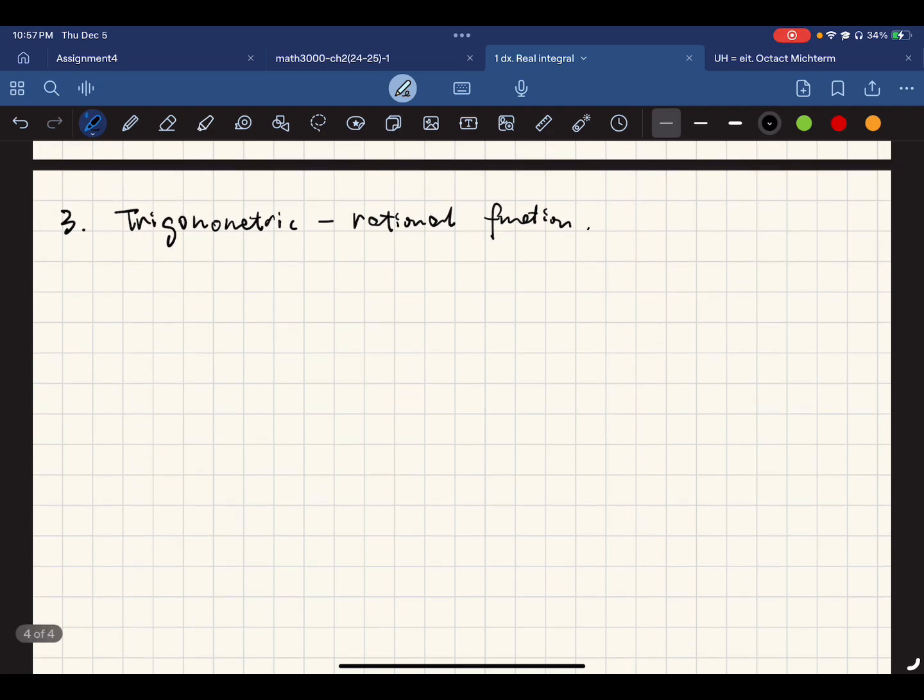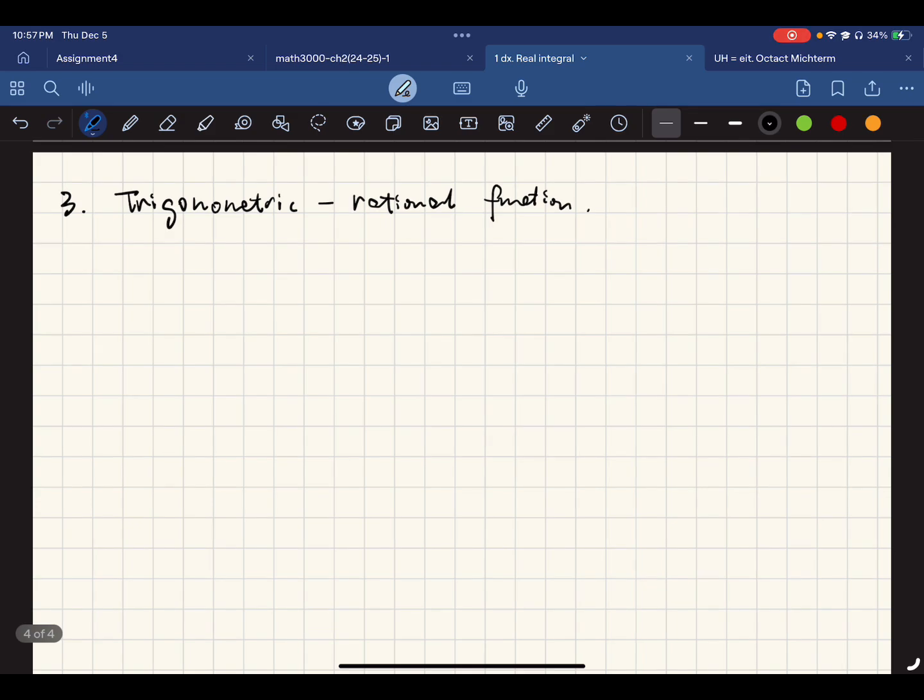For example, I give you an example: the integral of e to the power negative ix over x squared plus 1 dx.